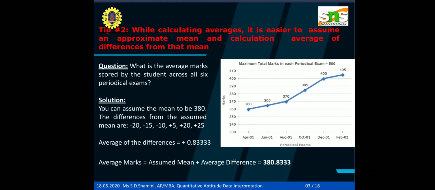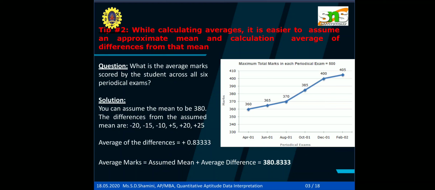So the differences from the assumed mean of 380: the first mark is 360, which is minus 20, the second is 365, so minus 15, the third is 370, minus 10, the fourth is 385, which is plus 5, the next is 400, which is plus 20, and the next is 405, which is plus 25 from the 380 mean that you have assumed.